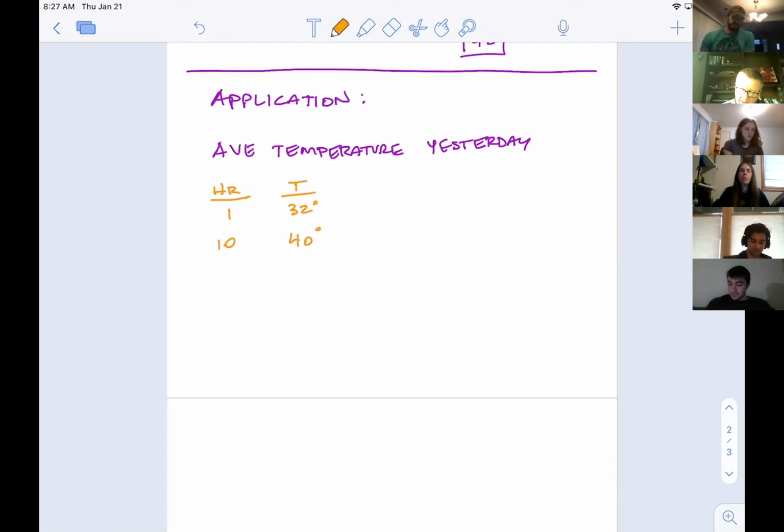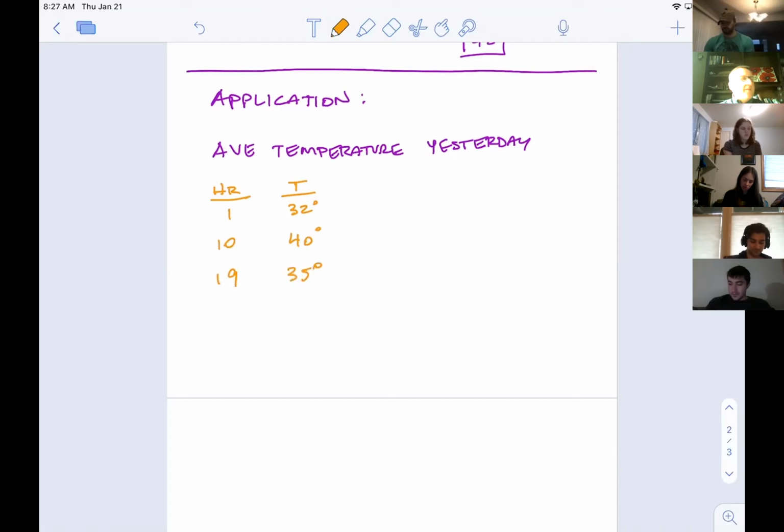And then it got probably the warmest, maybe around 1 or 2, which would be hour 13 or 14. And then it kind of started going back down again. So let's take it to 7 o'clock, which would be hour 19, and say it went back down to like 35 or something like that.